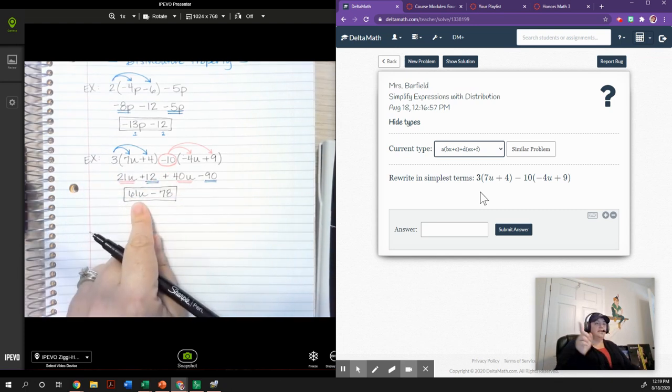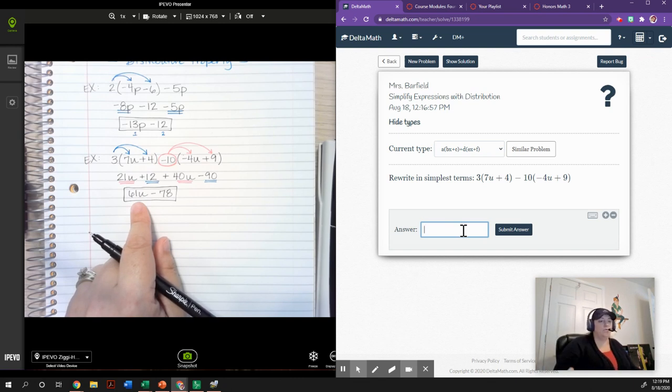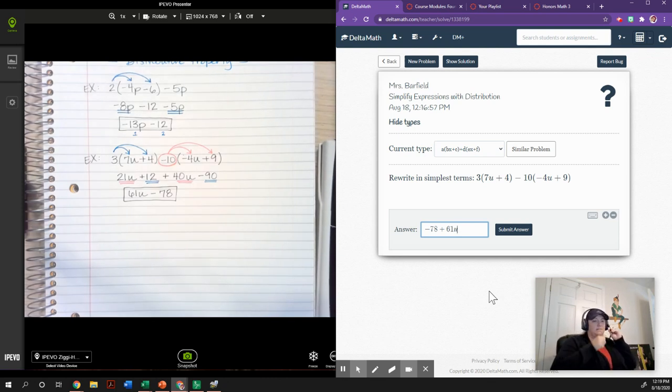Now, just so you can get convinced, if I were to have my terms in another order, what would it look like? For one, negative 78 plus 61u. Let's talk about the two versions. I'll be honest, the one that's written on my paper is the one we want to see.